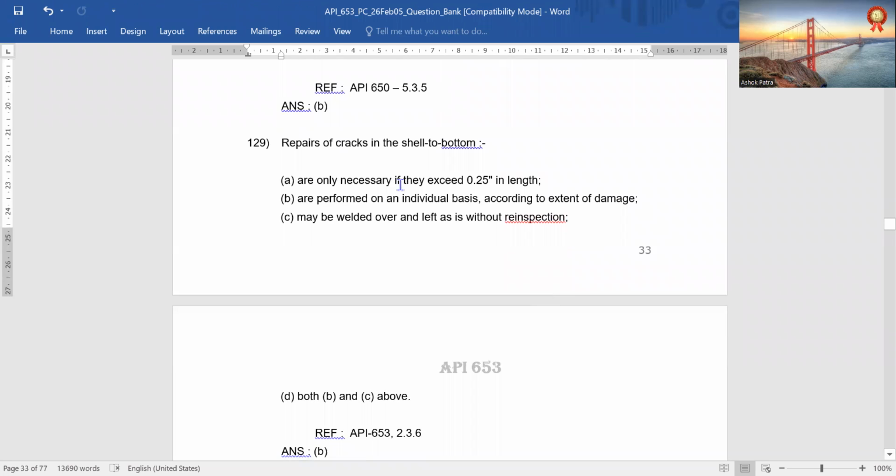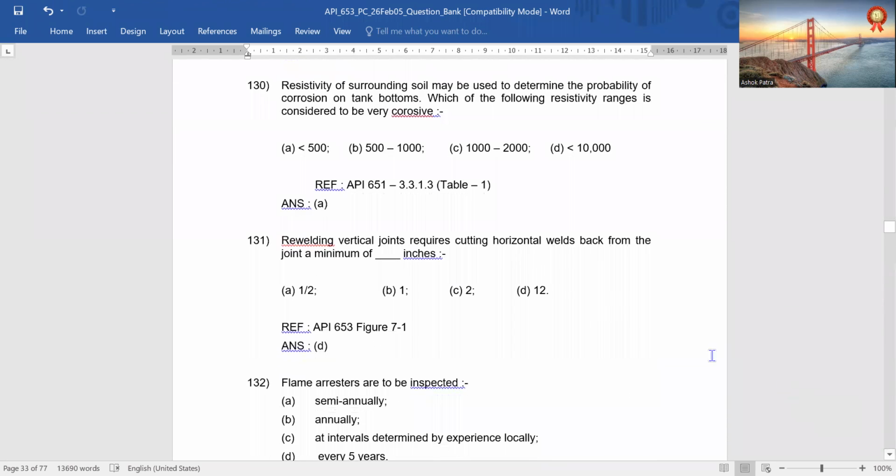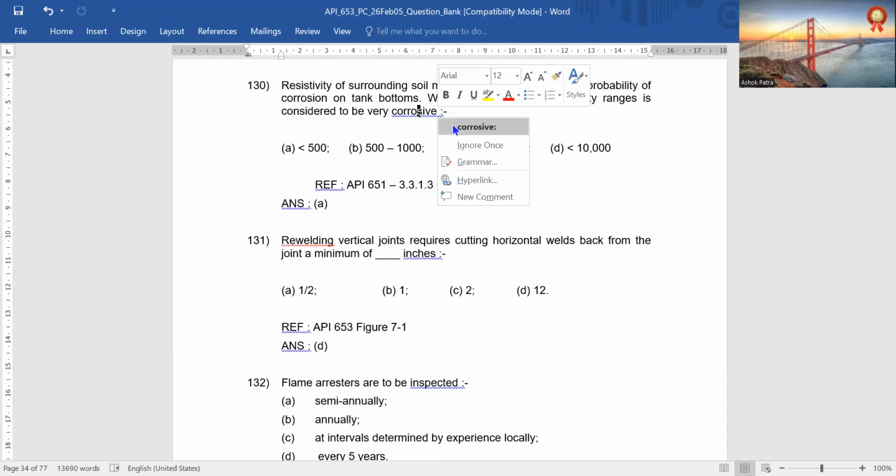Repairs of cracks in the shell-to-bottom joint are performed on an individual basis according to the extent of damage. Resistivity of surrounding soil may be used to determine the probability of corrosion on tank bottom.